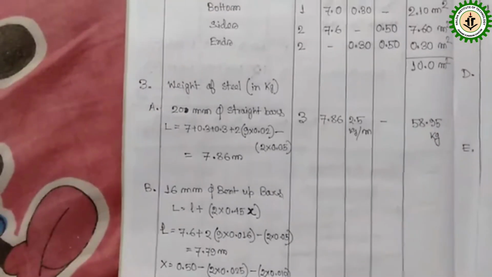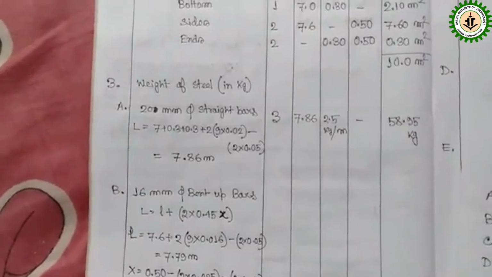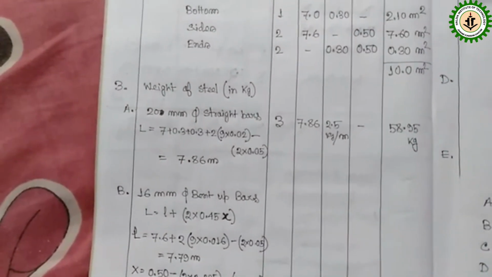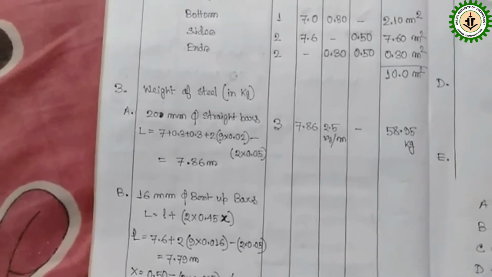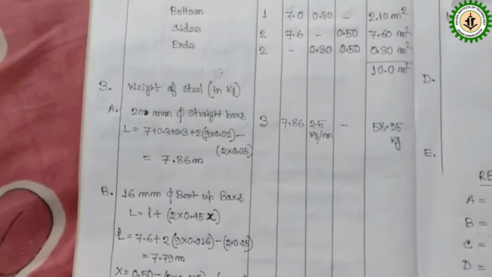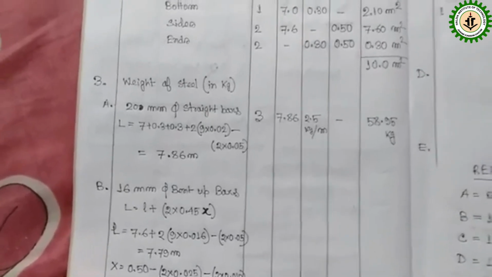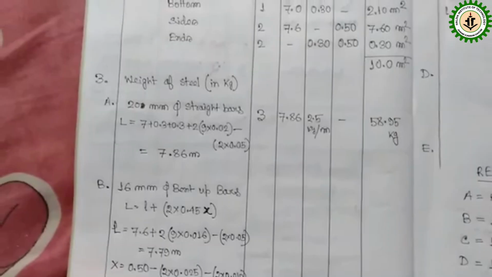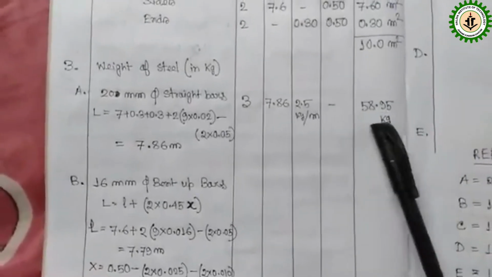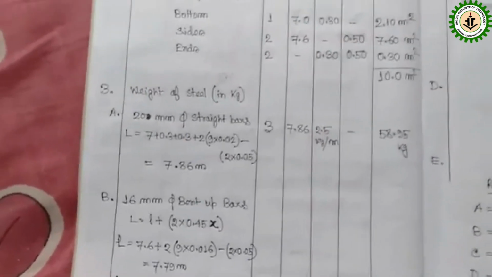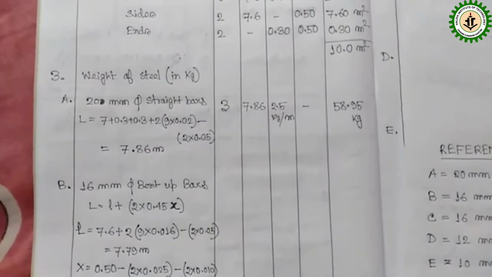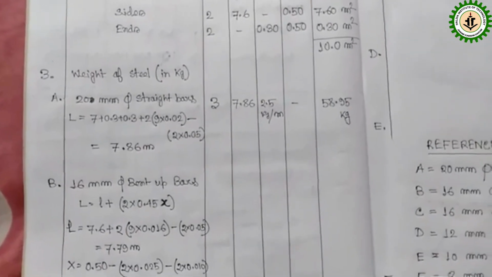So we can determine the total weight of straight bars easily by multiplication: 7.86, that is length, into 2.5, that is kg per meter unit weight, into 3, that is the number. That is coming 58.95 kg. So this is the total weight of our 20 millimeter diameter straight bar.